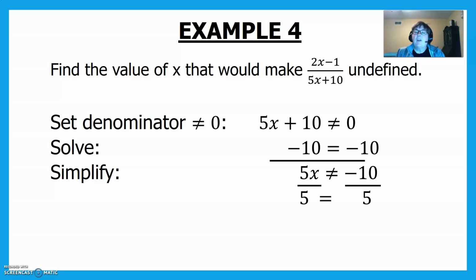And 5 divided by 5 is 1, so I get 1x. Negative 10 divided by 5 is negative 2, so x is not equal to negative 2. Plug that into our original denominator. 5 times negative 2 is negative 10. Negative 10 plus 10 gives me 0, and I can't have 0. So x cannot equal negative 2.